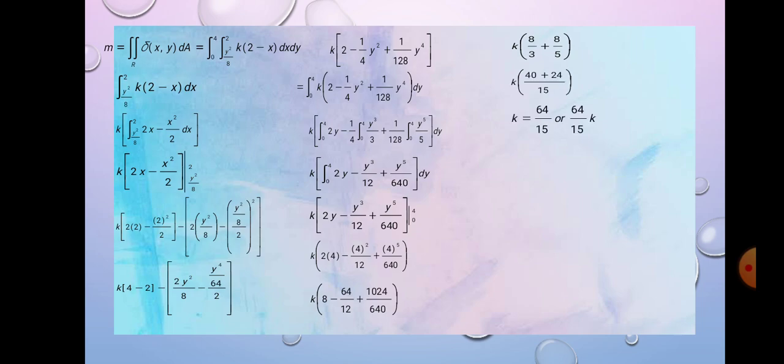So continue using the formula. So k times the integral from 0 to 4 of 2 dy minus 1/4 times the integral of y squared, which is y to the power of 3 over 3, plus 1 over 128 times the integral of y to the power of 4, which is y to the power of 5 over 5.